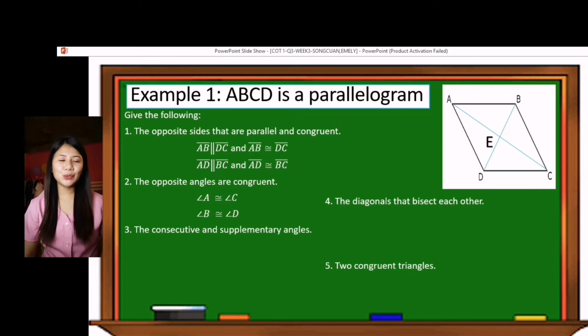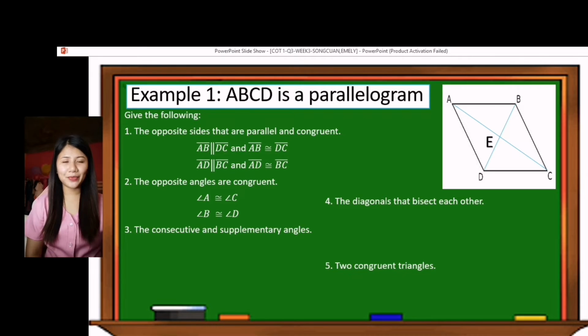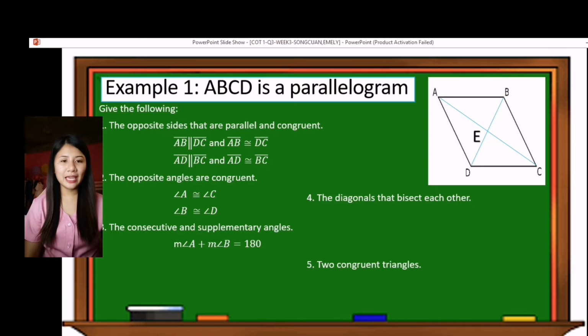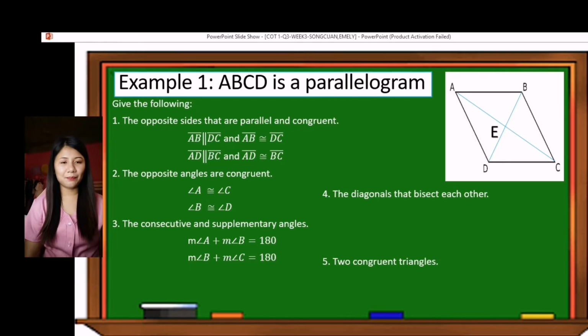Let us now move on to number 3, the consecutive and supplementary angles. When we say consecutive, it is the angle next to that angle. And supplementary, if we add the measures of the two consecutive angles, that is equal to 180 degrees. So we have the measure of angle A plus the measure of angle B is equal to 180 degrees.